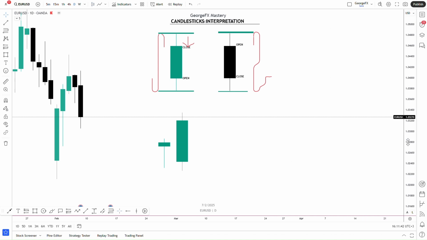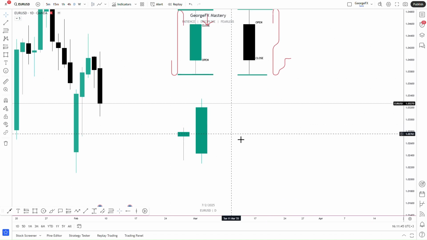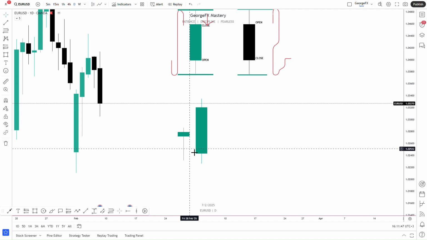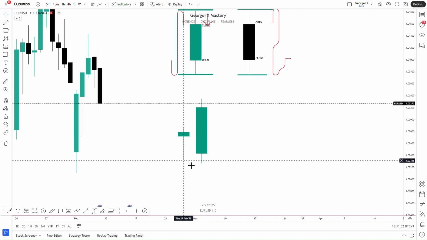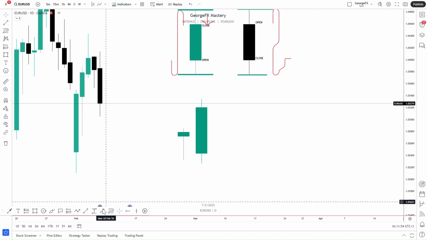And I've told you now, wicks show rejection. Anytime you have a long lower wick, it would mean that we are having a lot of bullish rejection, so we are looking for price to keep on pushing higher and higher.